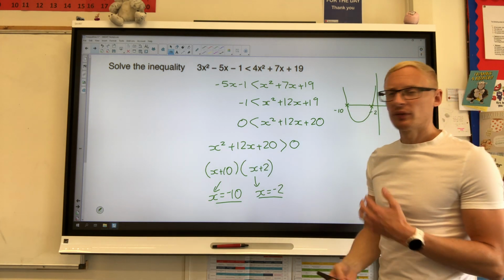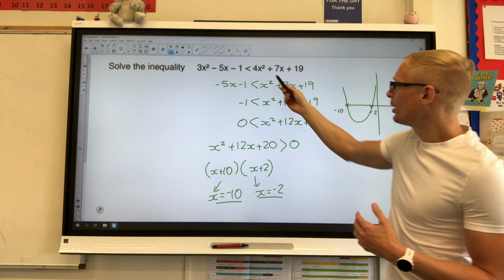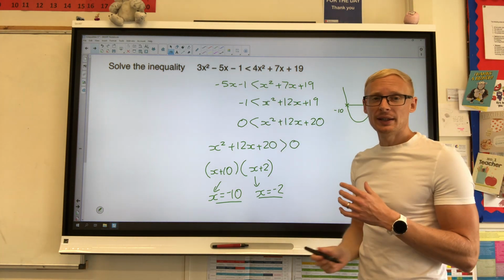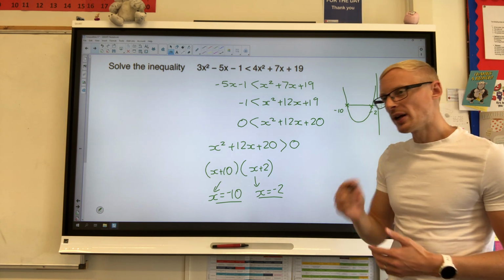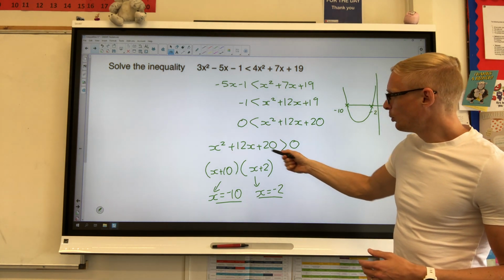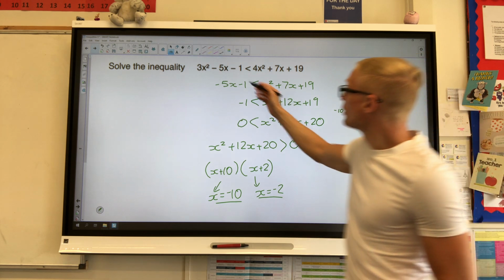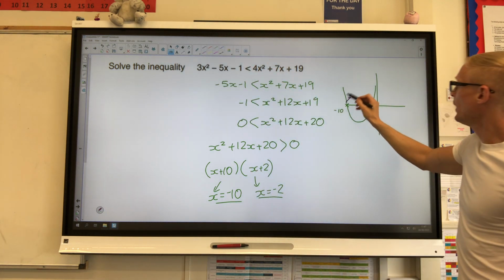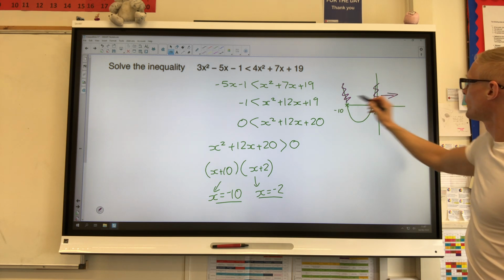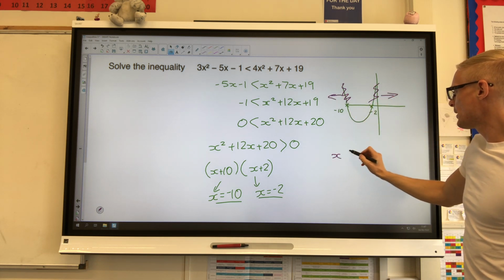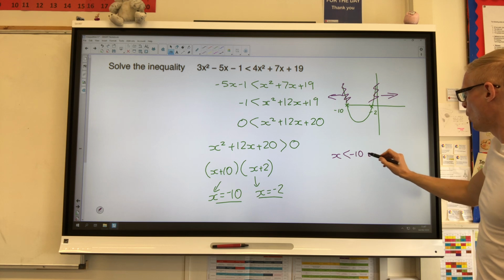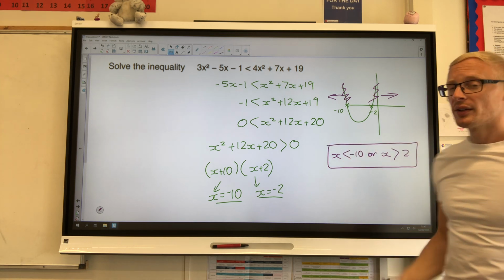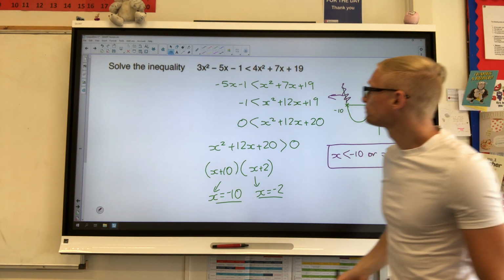I would always try and do it from when I've got it to 0. I wouldn't try and work out which side I'm looking here in the initial question. I'm looking for when I've made it effectively equal to 0 or greater than 0 at this stage. So I'm looking for when this is greater than 0. So I'm looking here and here. So x is less than negative 10, or x is greater than 2. So above the line, so we're looking at two separate inequalities.